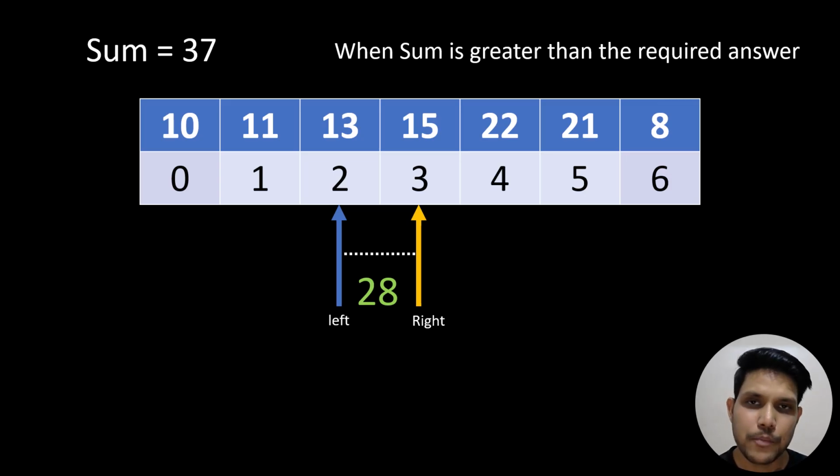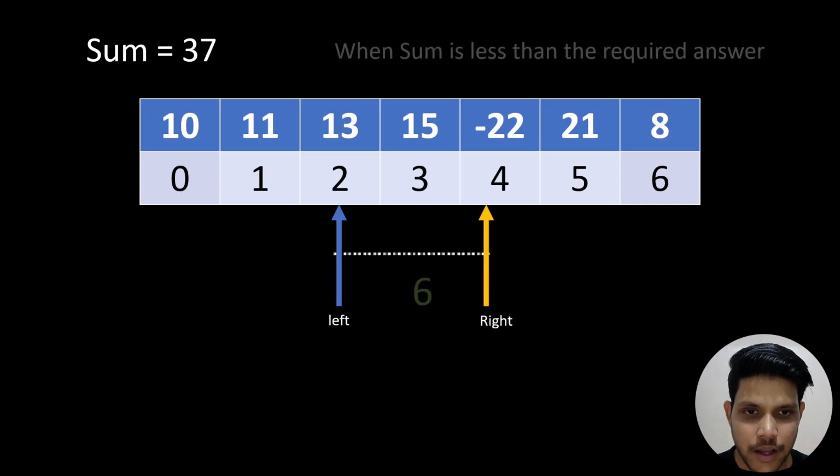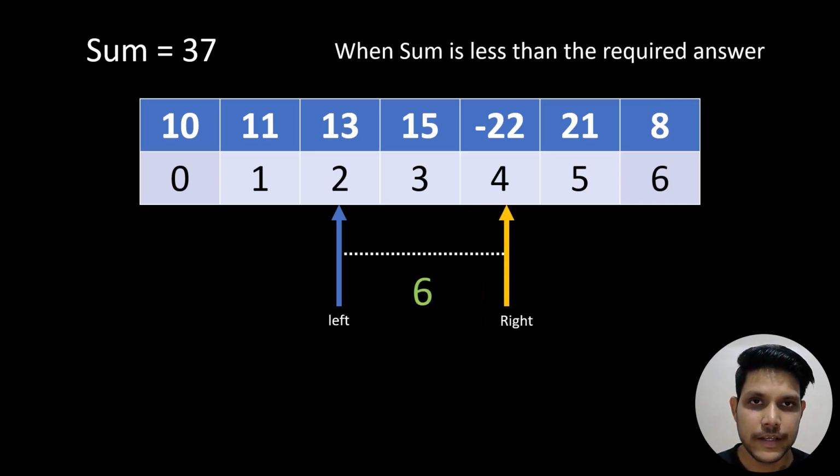Now what is the problem? Why can we not apply 2 pointers in this question? Let's change some of the values in line with the constraints given to us and then see if the logic still holds. So we have changed the value to -22 now, and when we are increasing the size of the window, which is what we do when the sum is less than the required answer, the sum got even less than what we had previously.